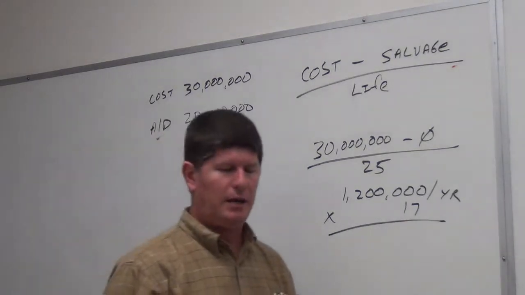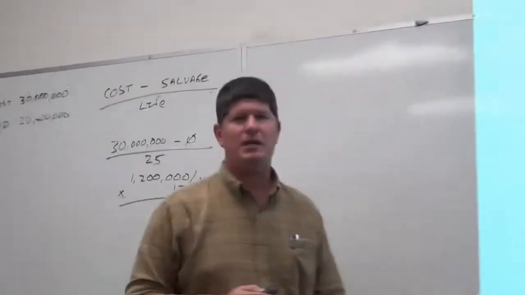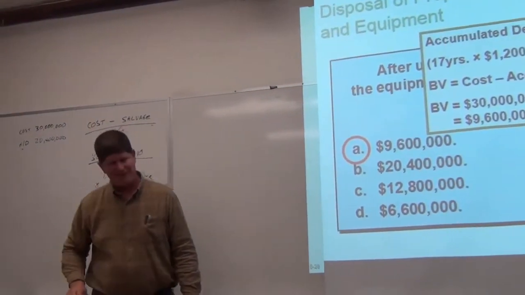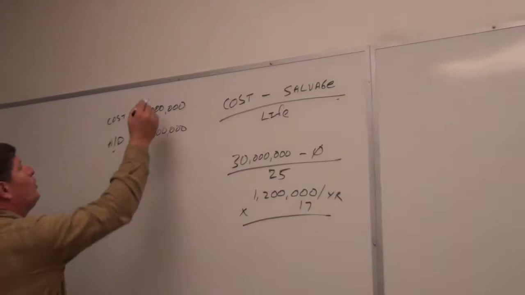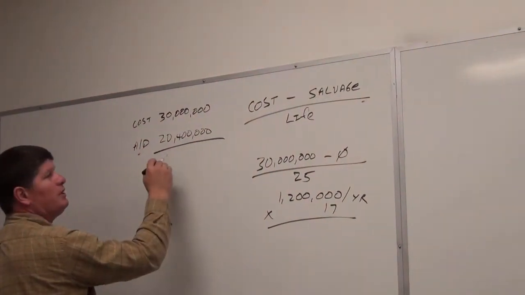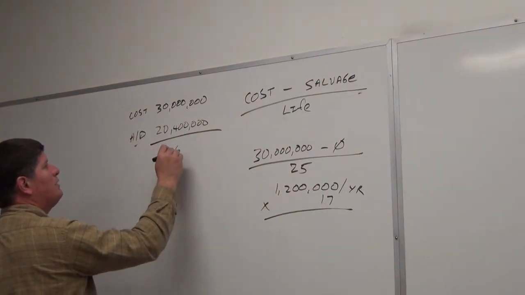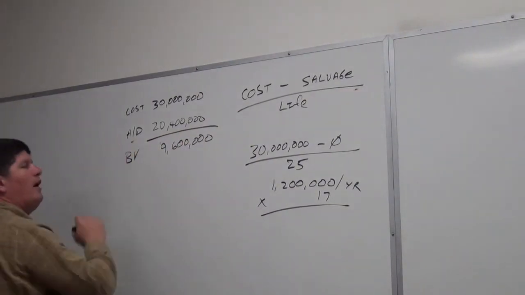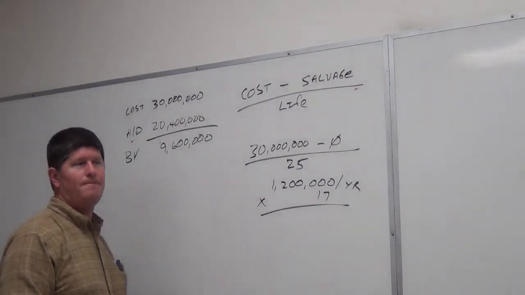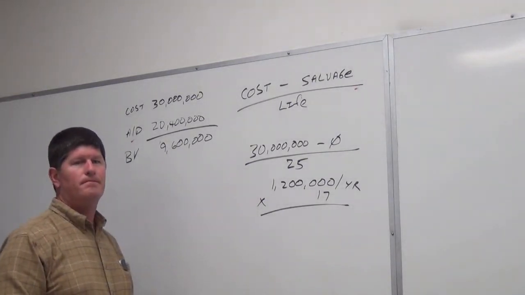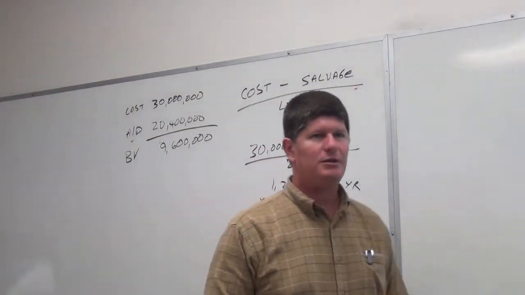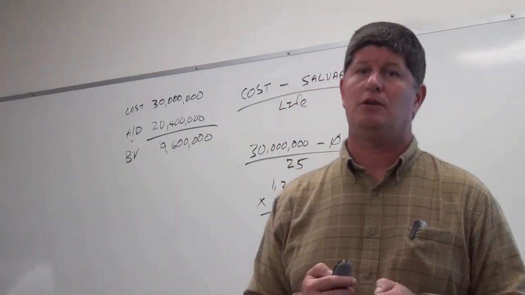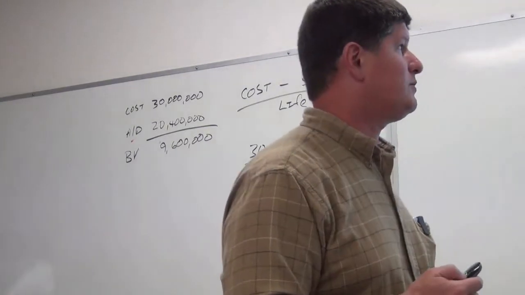Good? So we think it's B. They wanted book value. So cost minus accumulated depreciation gives us $9,600,000 book value. So our accumulated depreciation over 17 years was $20,400,000, leaving our book value at $9,600,000.